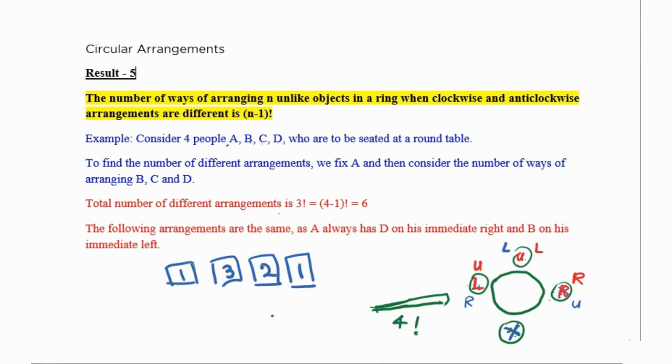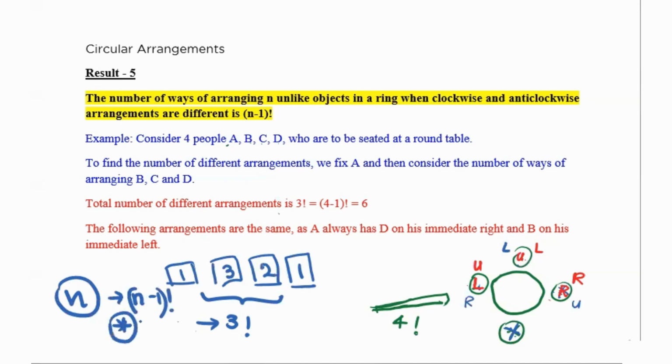And for the last box, we have only one way that we can arrange. Which gives us 3 factorial ways. There are 4 seats at a circular table, 3 factorial ways that we can sit. Which tells us if there are n objects, we have (n minus 1) factorial ways we can make them sit on a round table. Keep that in your mind.